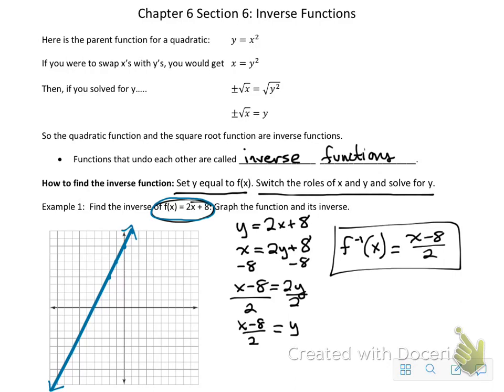I'm going to use black for this function because that's what I solved it in. And you have a point for -2, 6, -1, 8, 0, and 10, 1. So this is that line.